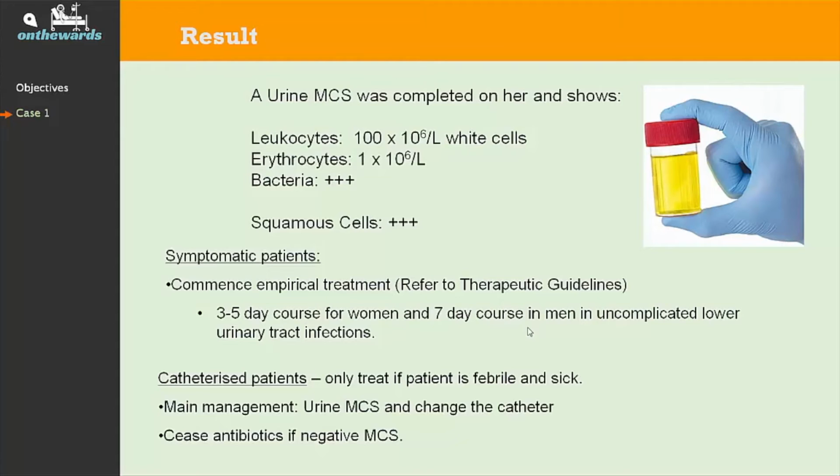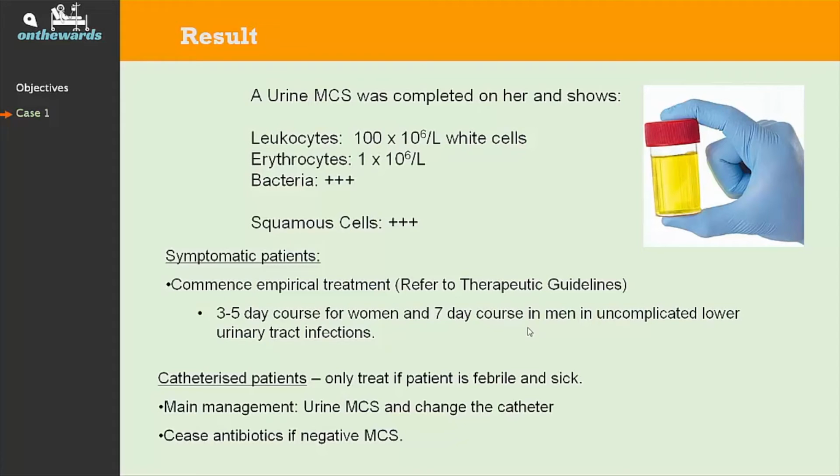With catheterized patients, it's quite common that they can get some irritation and feel a bit of dysuria because they do have a foreign body in their urinary tract. But if they are febrile and unwell, the main management is to take a sample, urine MCS, and change the catheter before commencing antibiotics.